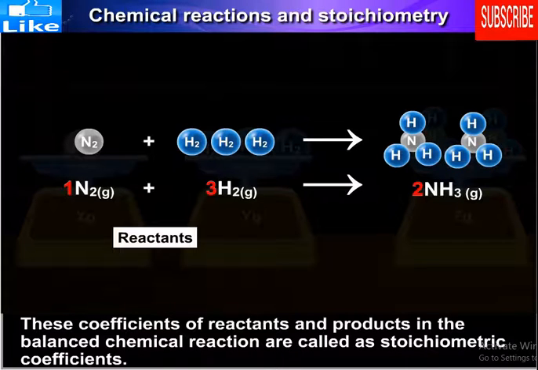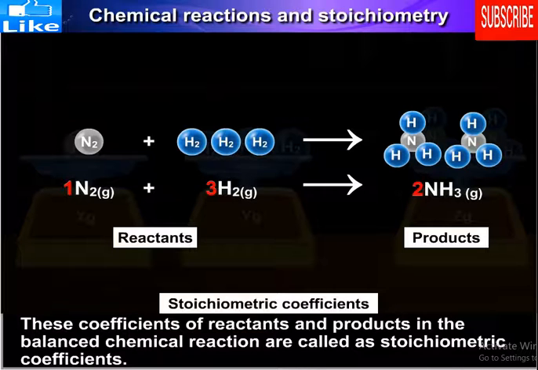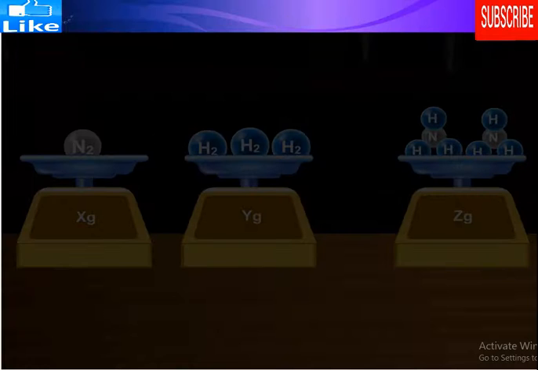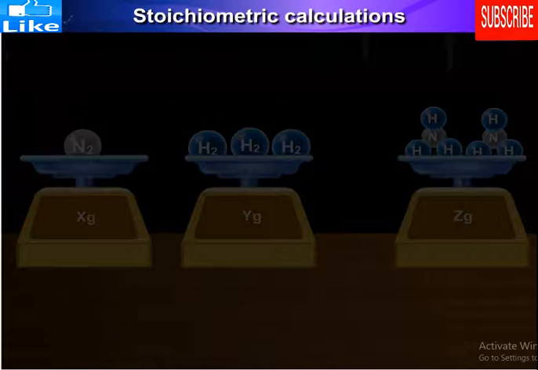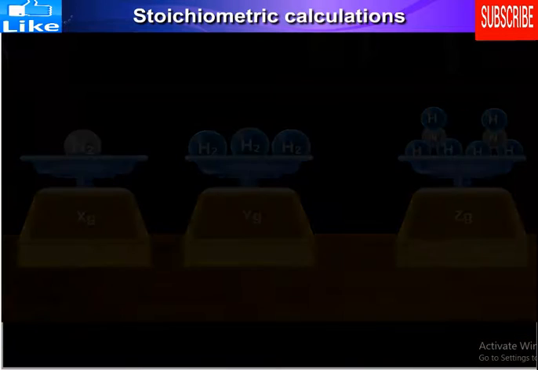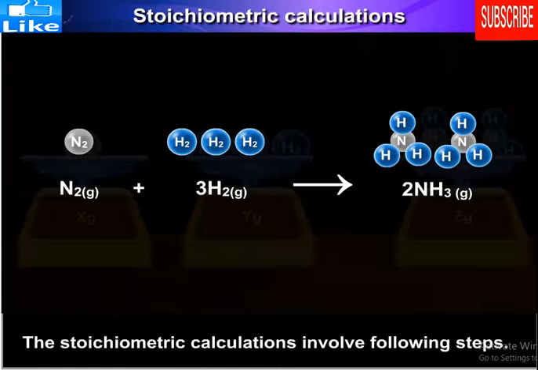These coefficients of reactants and products in the balanced chemical reaction are called stoichiometric coefficients. Stoichiometric calculations. The stoichiometric calculations involve the following steps.